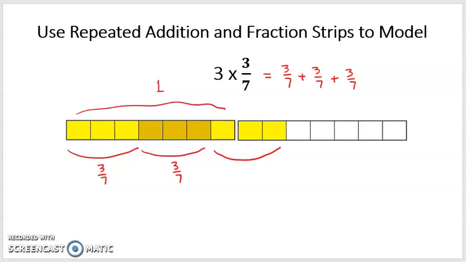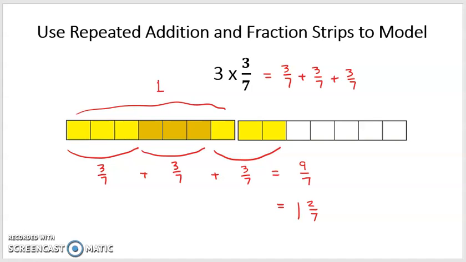Notice we have to go into a second unit. So when you add up 3 sevenths plus 3 sevenths plus 3 sevenths, that equals 9 sevenths. And writing that as a mixed number, it's 1 and 2 sevenths.